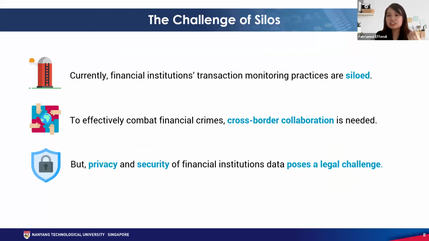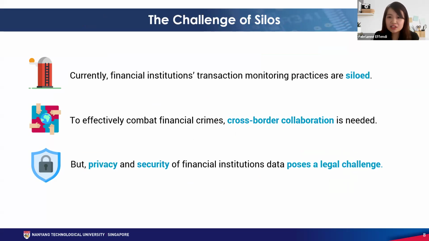But is graph-based machine learning sufficient for combating financial crimes? The answer is no, because currently banks' transaction monitoring practices are siloed. They are contained to, for example, the individual financial institution or the individual jurisdiction. This limits the ability to track transactions spanning multiple institutions and borders.